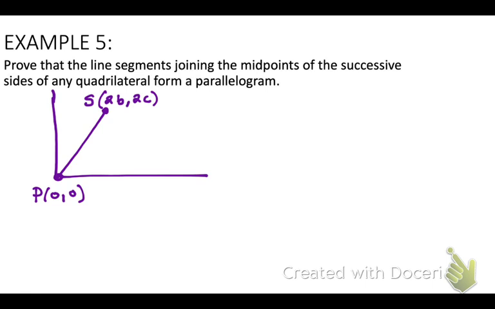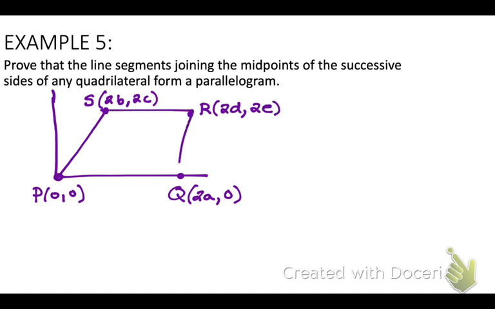So there's one side of my quadrilateral. And put point Q over here at 2a comma 0, and point R up here at 2d, 2e. All right, so there's my quadrilateral. Any quadrilateral, it doesn't have to specifically be a parallelogram. Mine's not, and that's okay.